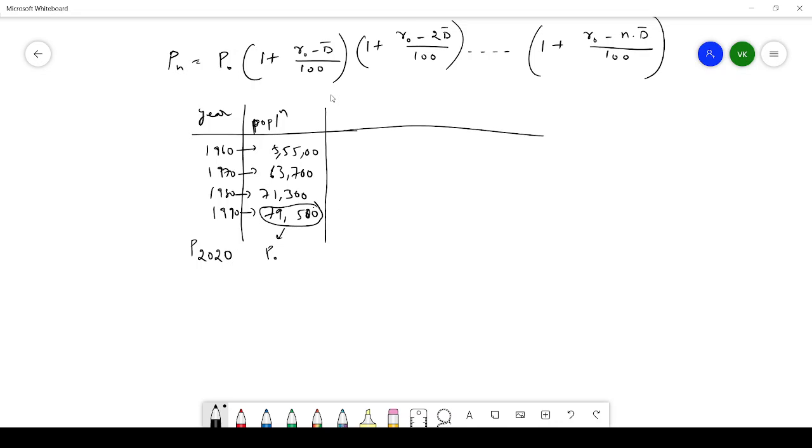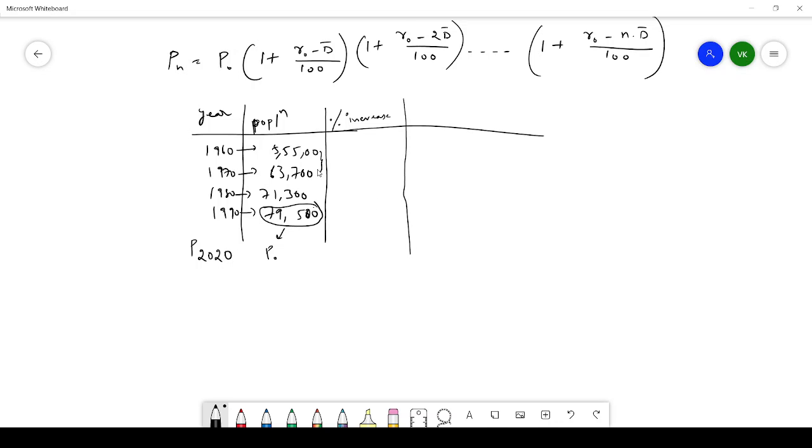And then you have to find the percentage increase in population. Then only you will get the latest percentage increase in population, right? So the percentage increase in population, how do you do that?